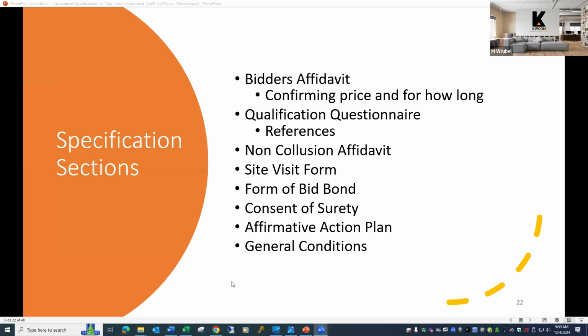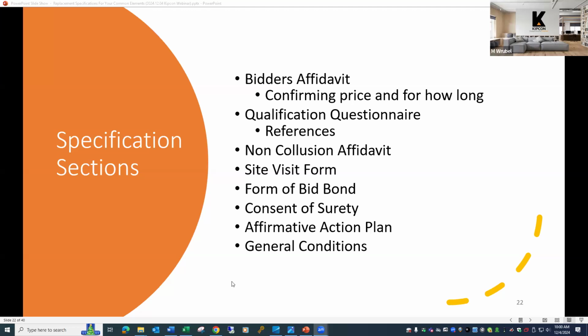So if they go bankrupt or run out of money, there is money there. That's a predetermined amount that is put into the escrow account. In the case of many HOA projects, this is unnecessary. They're just not large enough projects for that to be the case.